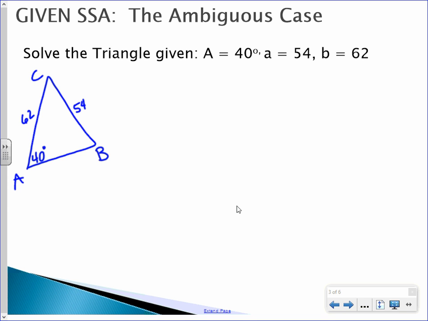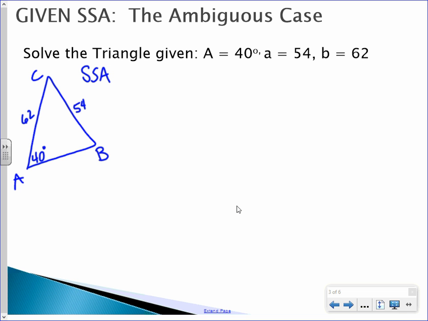Do you notice how we have 2 sides and the angle is not in between those 2 sides? That is what we call side-side-angle. Those three letters together should stick out to us and make us think, okay, we have the ambiguous case, we need to be careful. There is only one piece of information we can find right now using the law of sines.